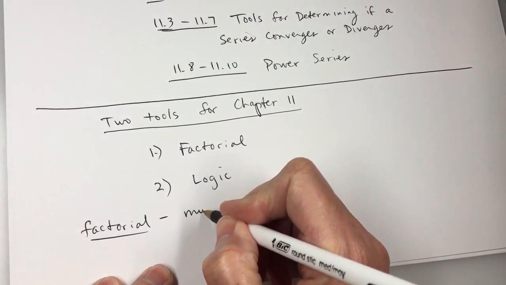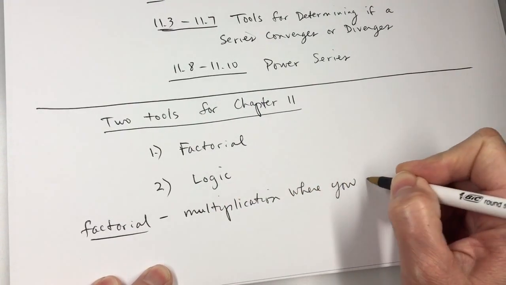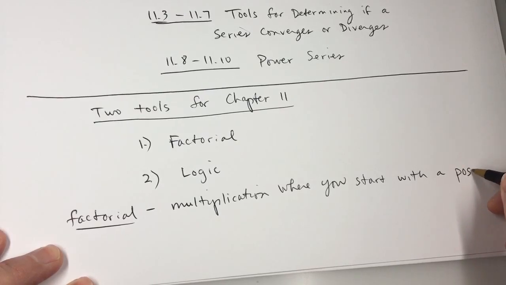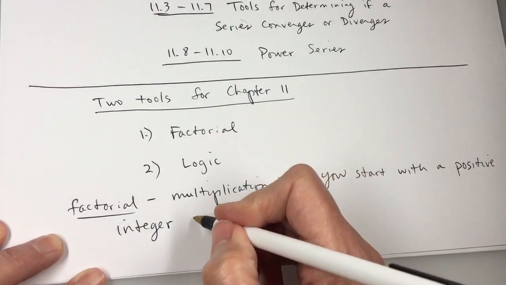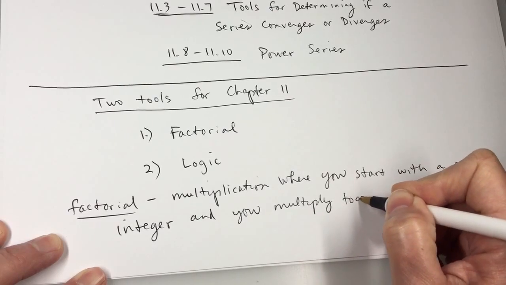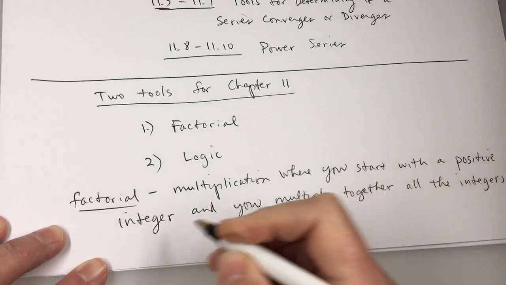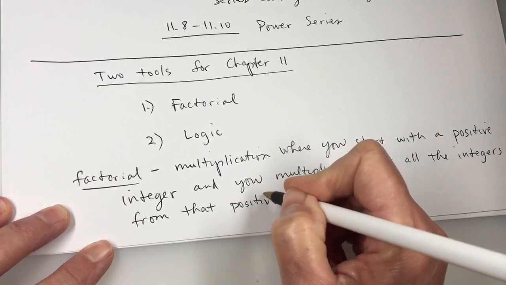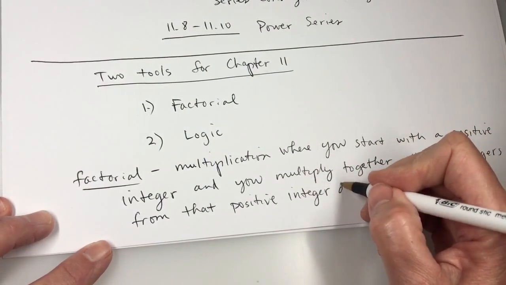You start with a positive integer and you multiply together all the integers from that positive integer down to 1.